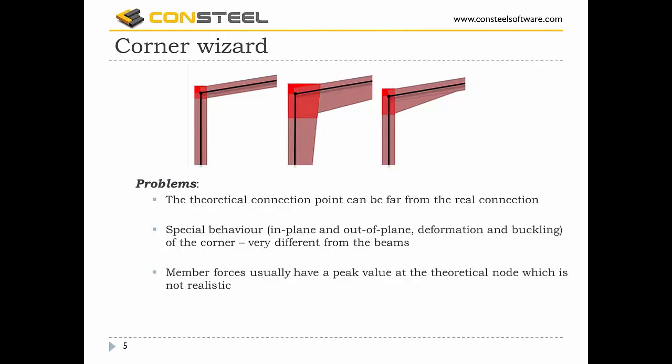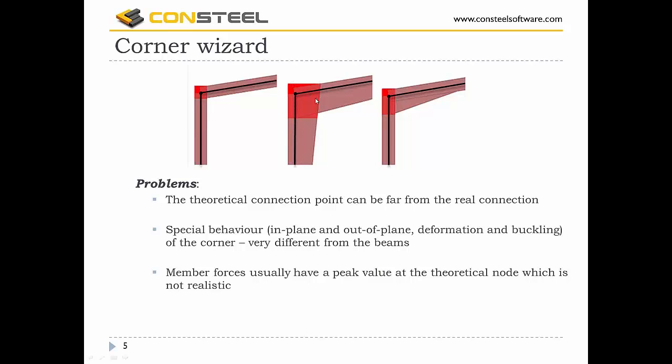First, the corner wizard. If we model our structure by beam elements, line elements, then there are some problems in the modeling, calculation and design. The theoretical connection point, which is here, can be very far from the real connection, which can be either here or here, but not at the connection lines.